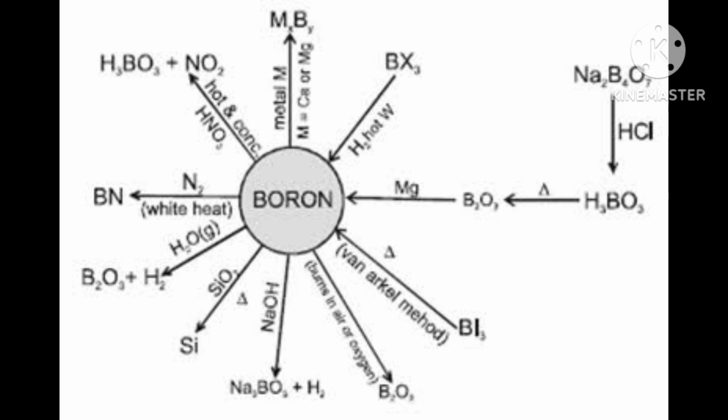Like that way, aluminum is less: 577, 1816, 2744. This is for aluminum, less than boron. Now for gallium it is a little more: 579, 1979, 2962.